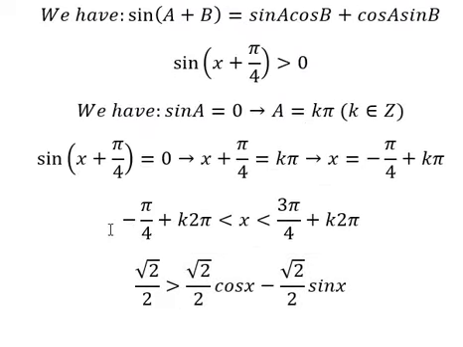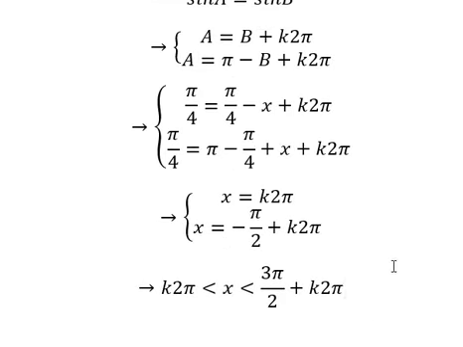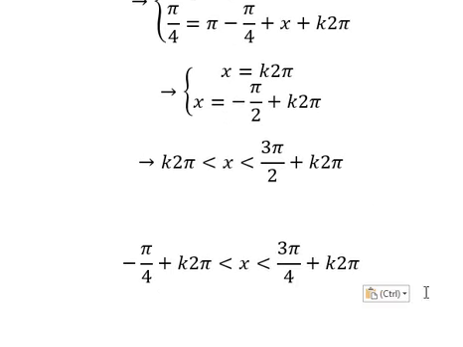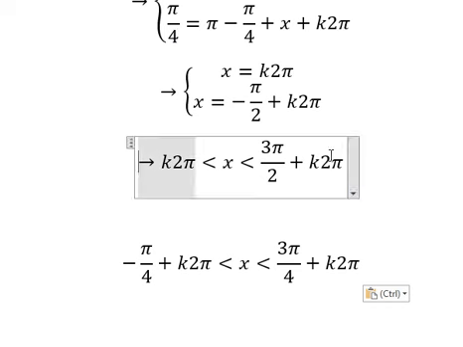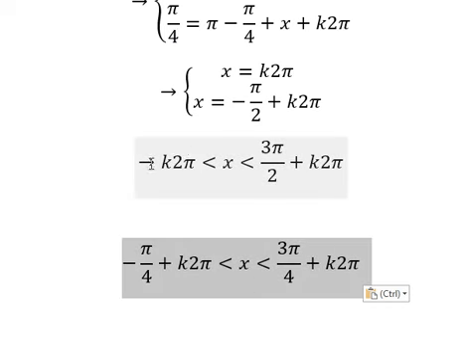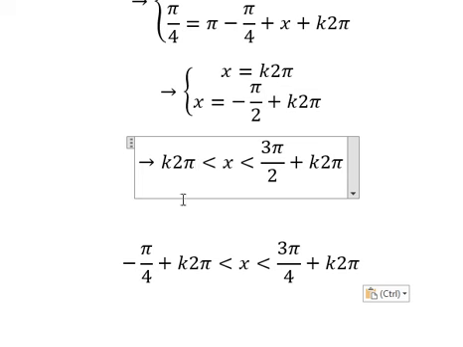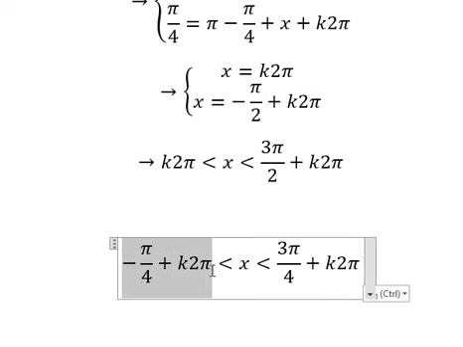Now we combine with this one. So in this one, we combine this one and this one. We see that k2b is greater than negative b over 4 plus k2b.